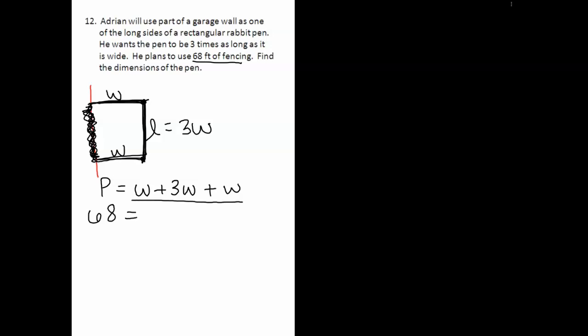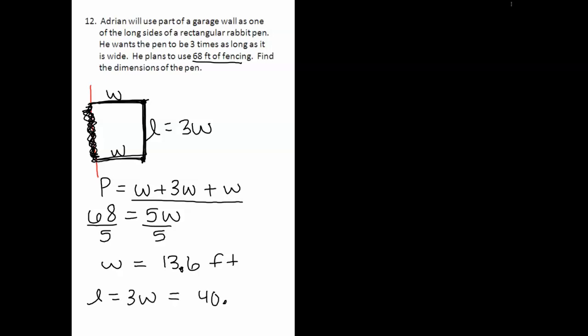Combining like terms, you get 5W. Dividing both sides by 5, W equals 13.6 feet. The length, which is 3 times W, is 40.8 feet. That's a very big rabbit pen.